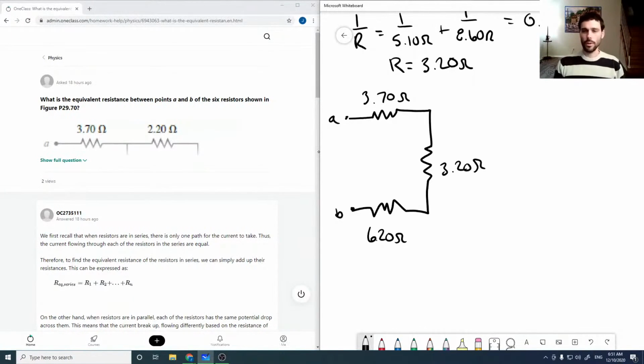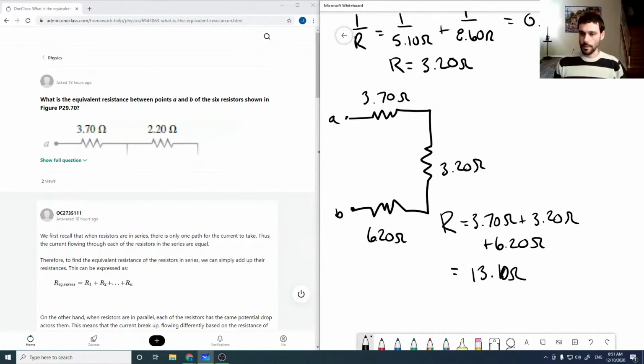And now we just have 3 resistors in series, so our R is just 3.70 plus 3.20 plus 6.20, which comes out to be 13.1 ohms.